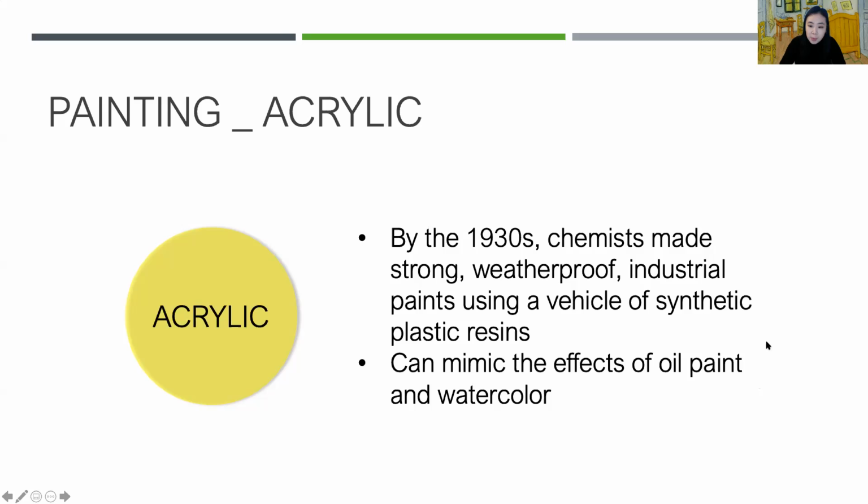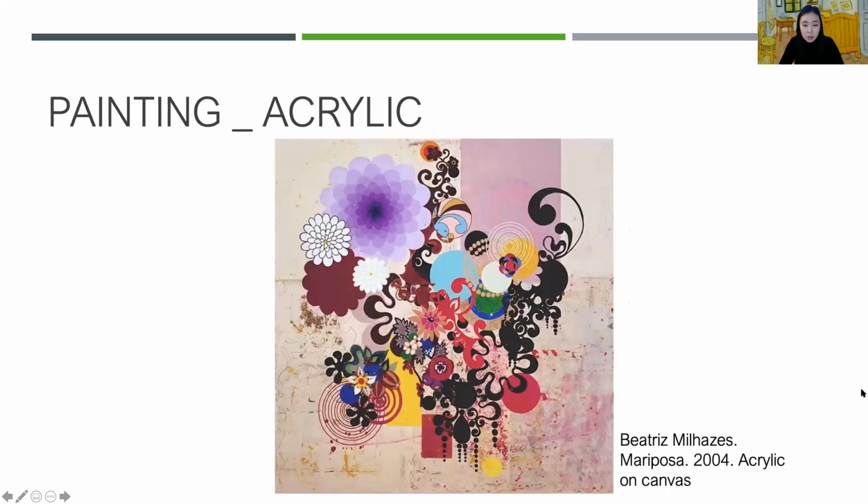So here is the most famous feature of acrylic paint. Acrylic can mimic the effects of oil paint and watercolor by the concentration of water. Many contemporary artists use acrylic because it doesn't need a special vehicle.